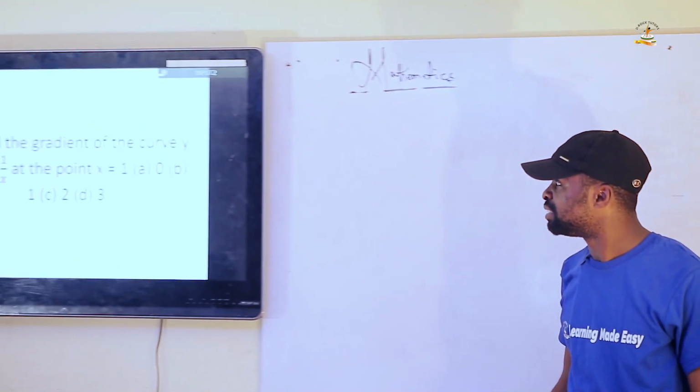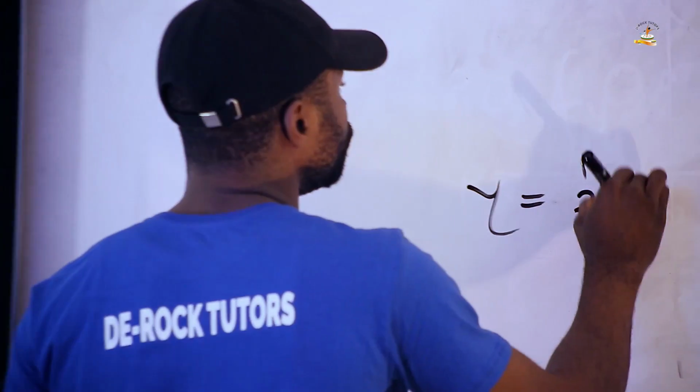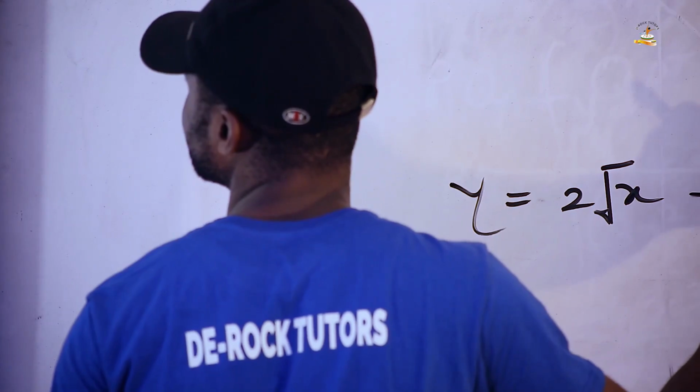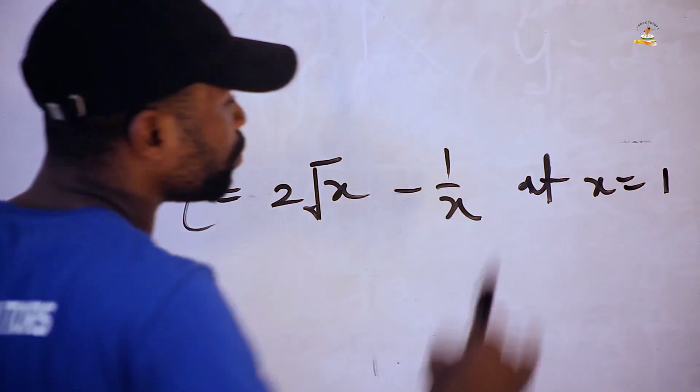All right. Question number 37. You are required to find the gradient of the curve y equals 2 root x minus 1 over x at the point x equal to 1.